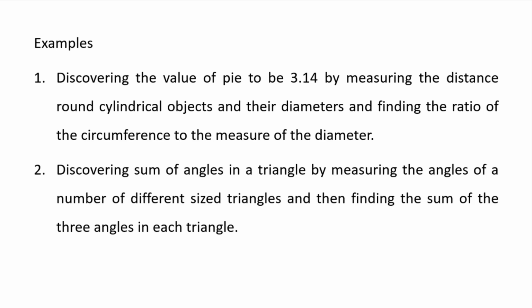Example: discovering the value of pi to be 3.14 by measuring the distance around a cylindrical object and its diameter, and finding the ratio of the circumference to the measure of the diameter. This is a practical example. You bring materials, and you ask the students to bring their own cylindrical materials and their own rope. You guide them to take the diameter and the circumference.